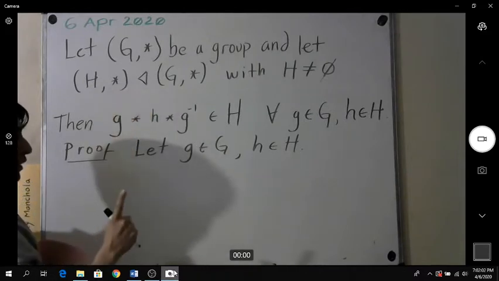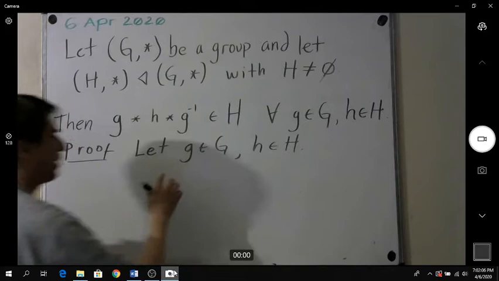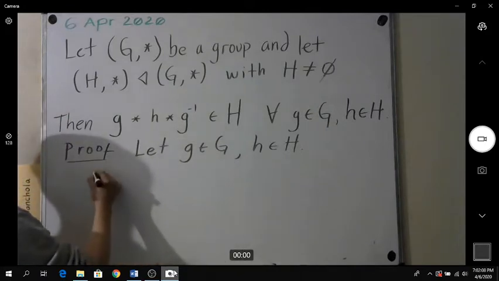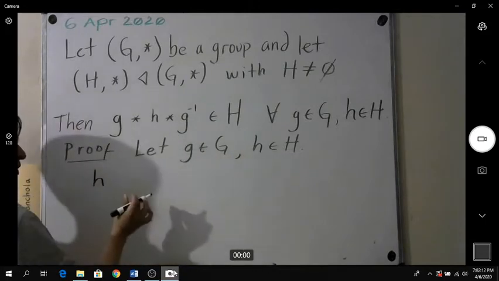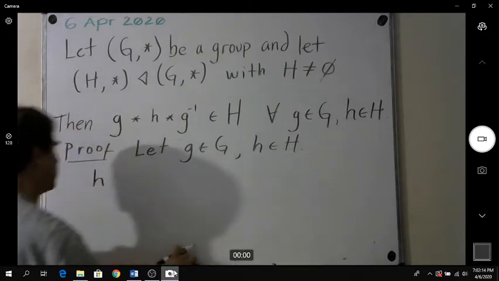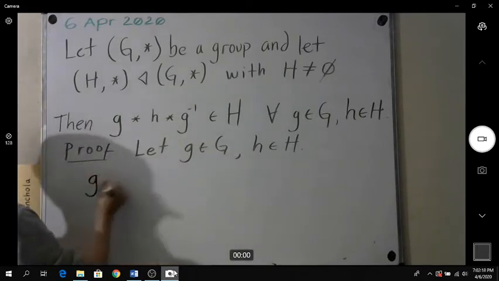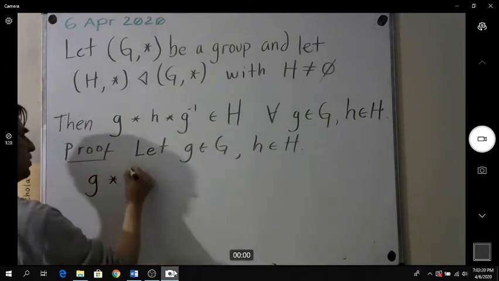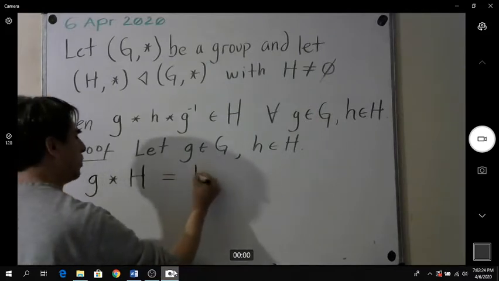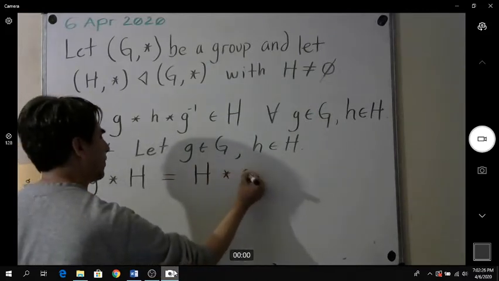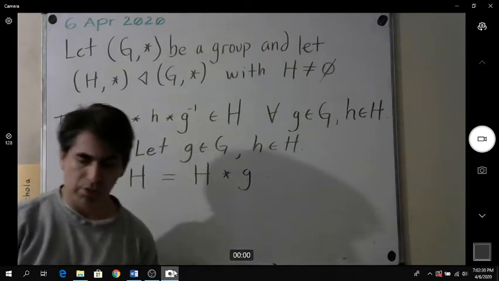From the definition, the left coset of H generated by G is identical to the right coset generated by G. That's our definition of H being a normal subgroup.